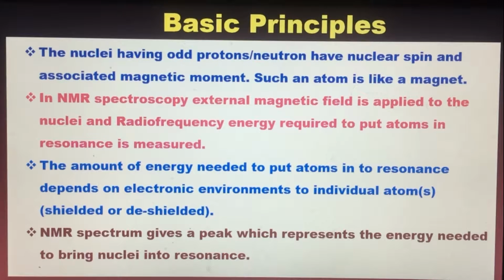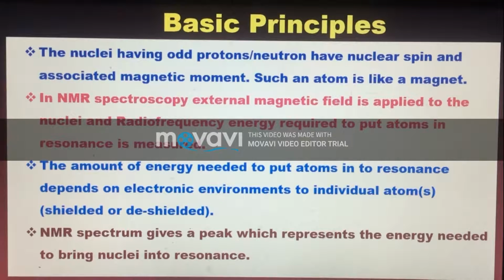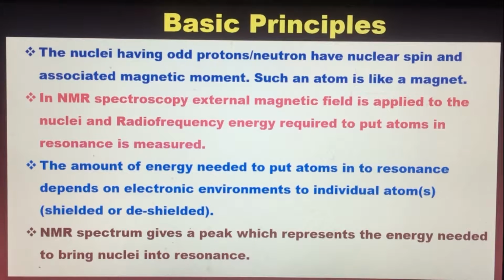Then the next thing is that the amount of radio frequency energy needed to bring atoms into resonance in the same orientation depends on the electronic environment they have. That means some nuclei may be shielded by some electrons, and some others are not shielded, which we can say are deshielded or diamagnetically shielded. Okay.